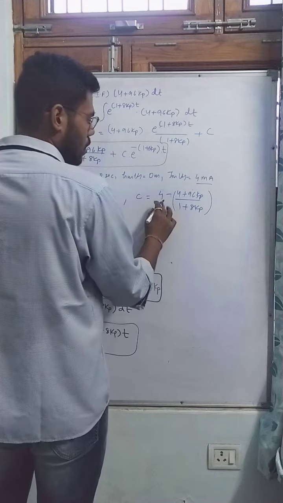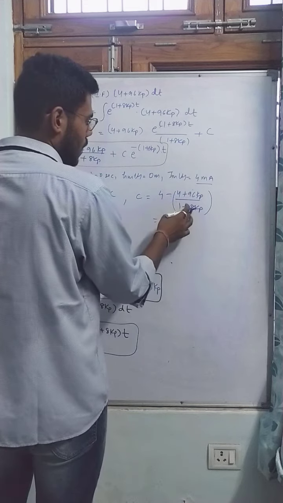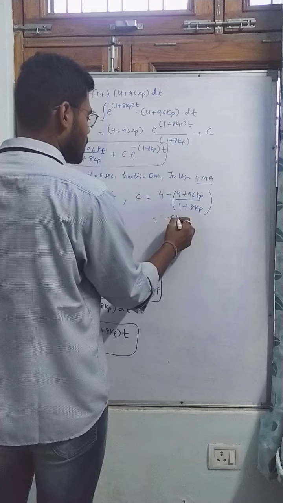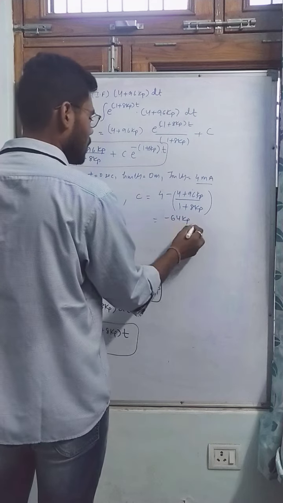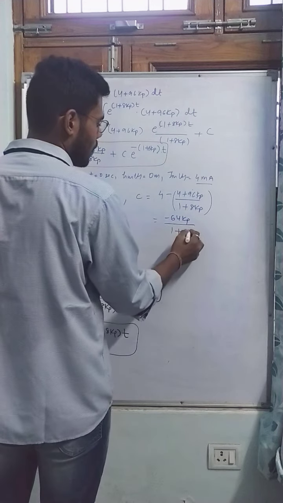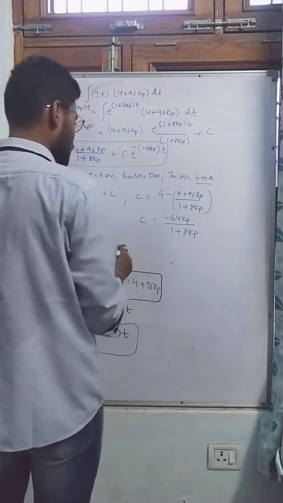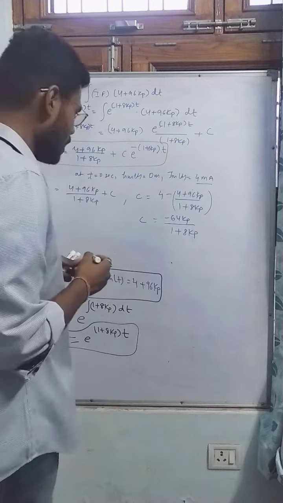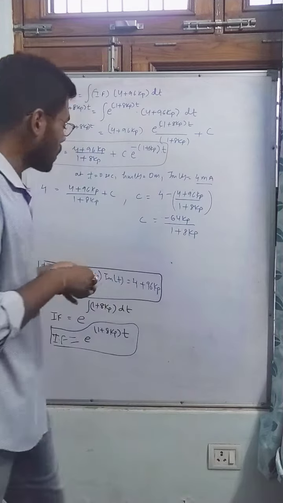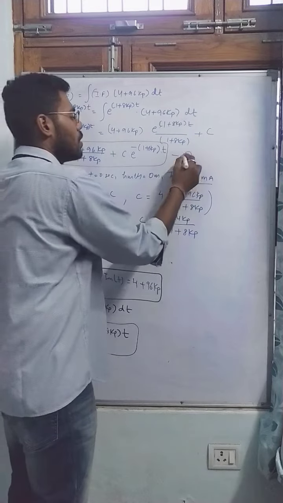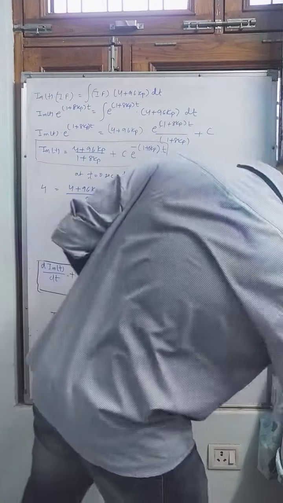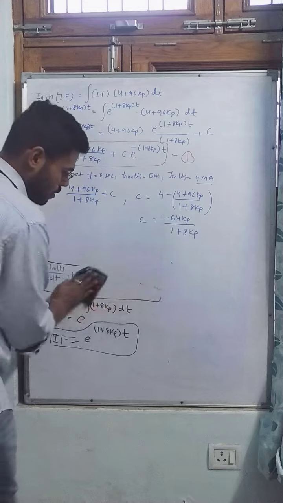Solve it. 4 minus 4 cancelled. 32 minus 96, minus 64 kp by 1 plus 8 kp. This is the value of c. Now put this c into the equation number 1. Consider this as equation number 1.